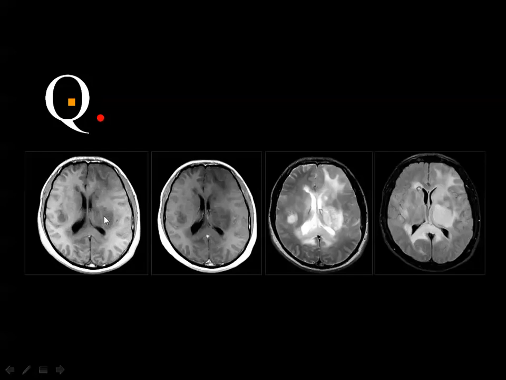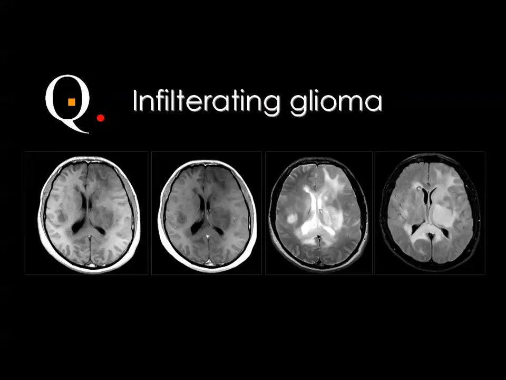You can see this lesion, which is big compared to the opposite lesion on the left side. And the lesions exert minimal mass effect, and they do not show any contrast enhancement. Diagnosis: diffuse astrocytoma or infiltrating glioma.